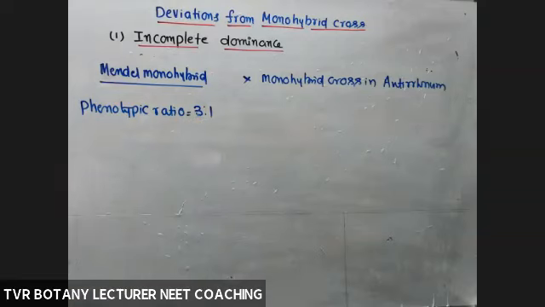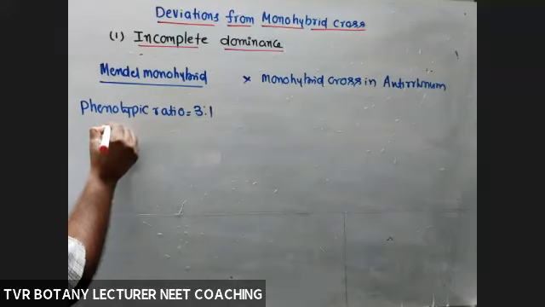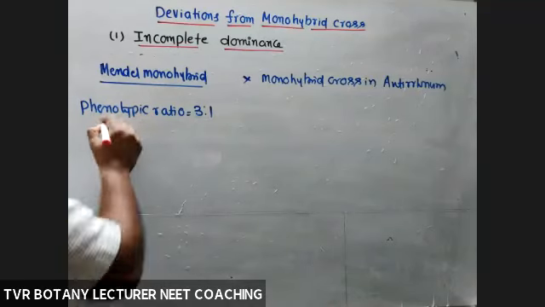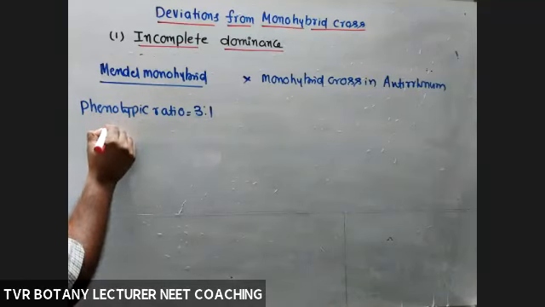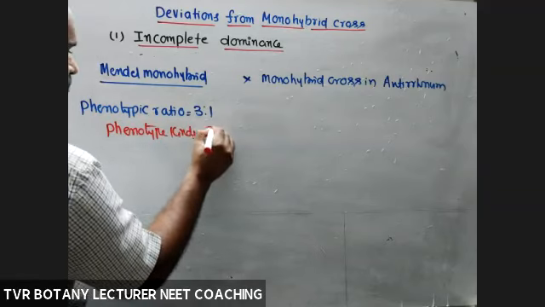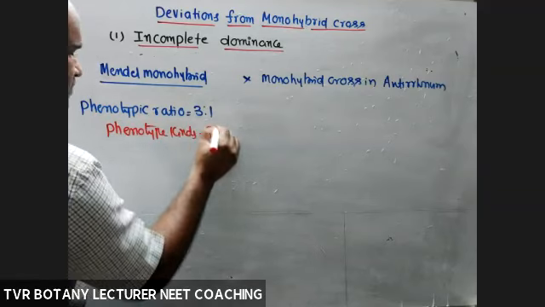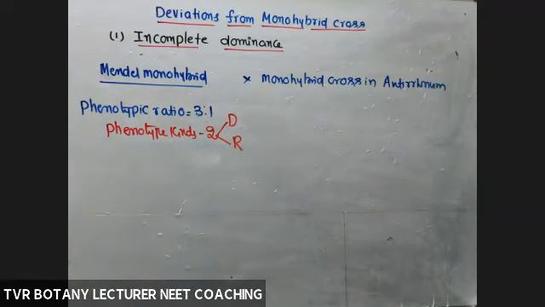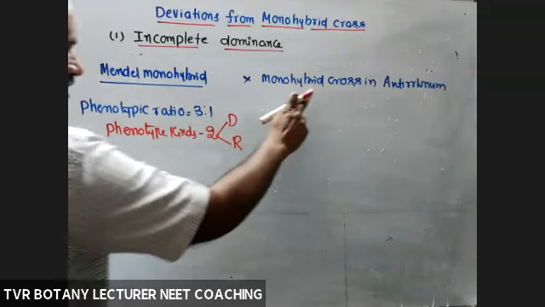How many kinds of phenotypes? Two kinds only. According to Mendel monohybrid cross, two kinds of phenotypes: one is dominant, the other one is recessive. Dominant and recessive.